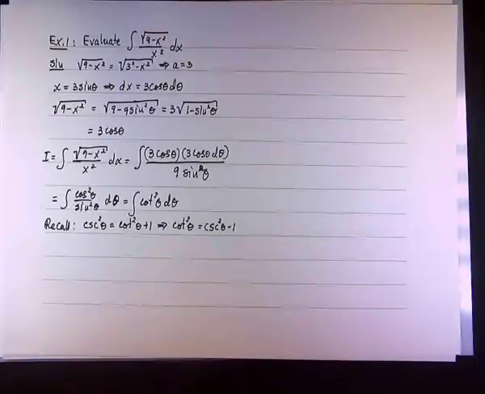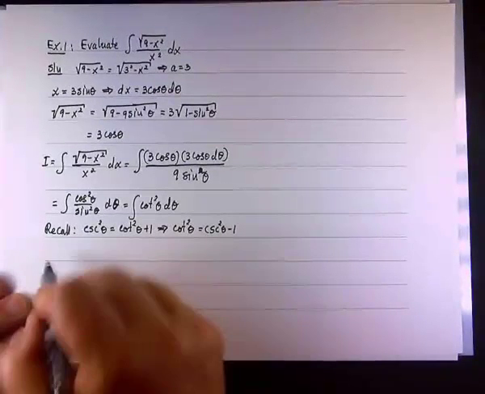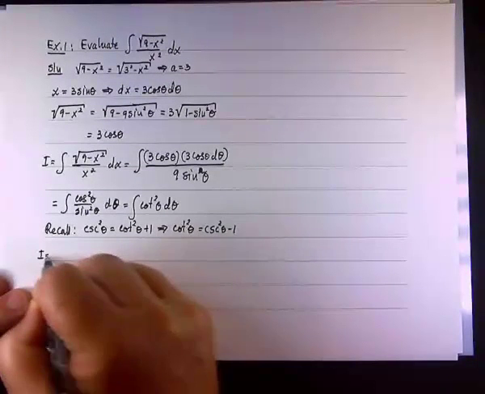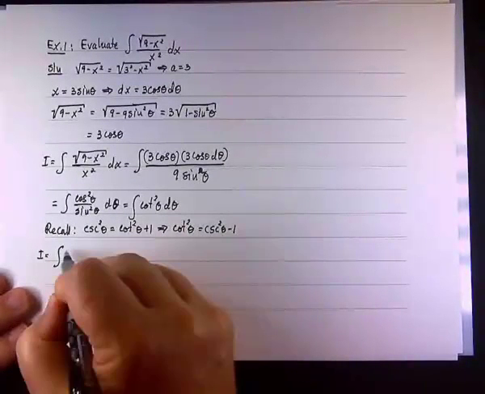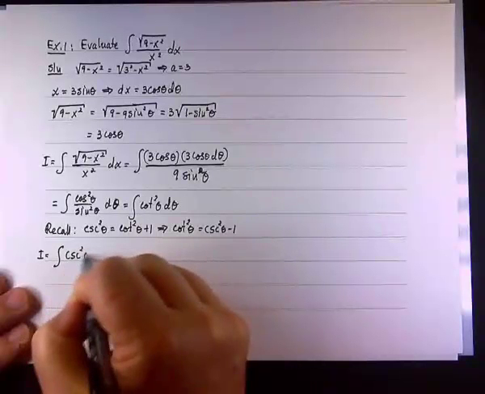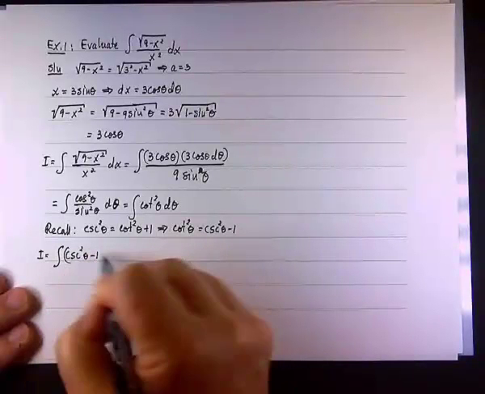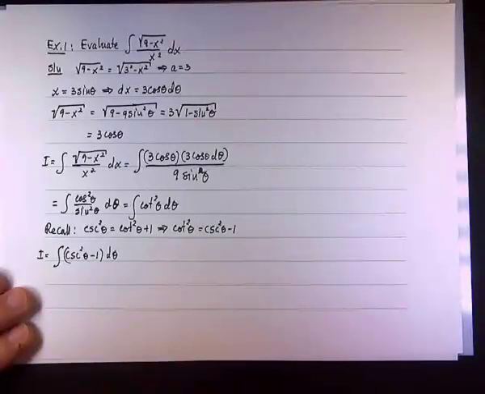We substituted tangent squared with the secant squared minus 1. So we're going to substitute the cotangent squared with the cosecant squared minus 1. So here we go. Now we have I, our integral, which instead of cotangent squared will be the integral of cosecant squared theta minus 1 d theta.